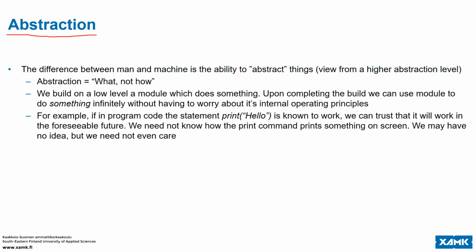So basically the difference between a human and a machine is the ability to look at things from a higher abstraction level. Abstraction basically tells us what something does instead of how it does it. So we can build components on a low level, such as modules which do something. And after completing the build of this module, we can use it to do something indefinitely without having to worry about how it works internally.